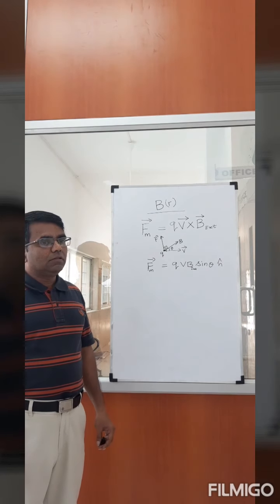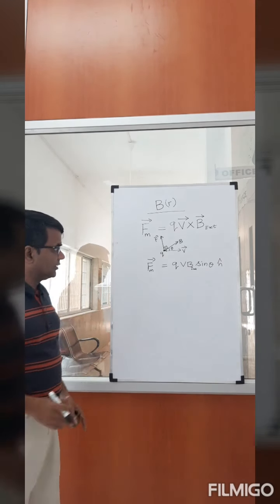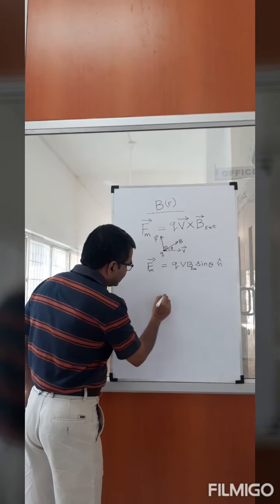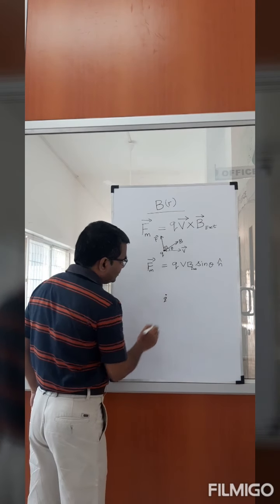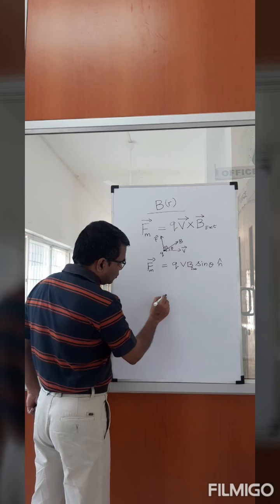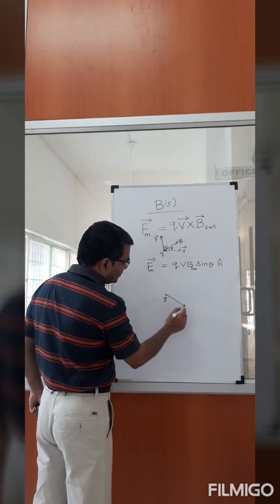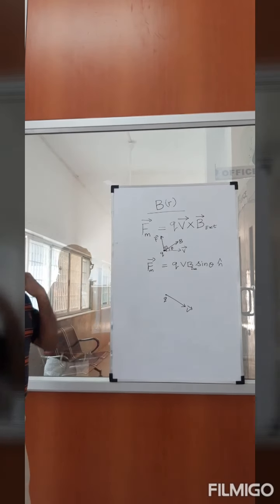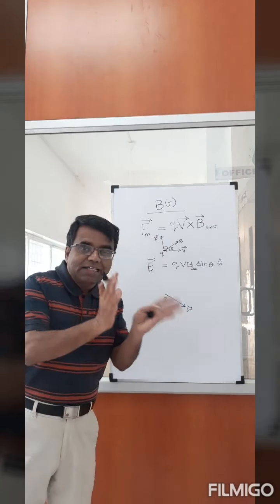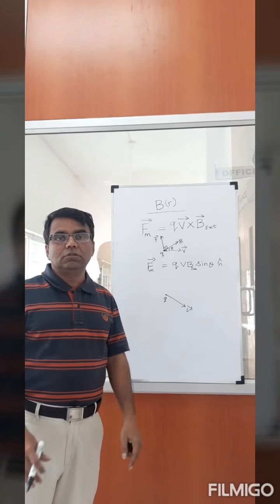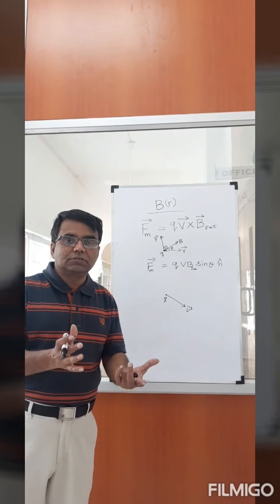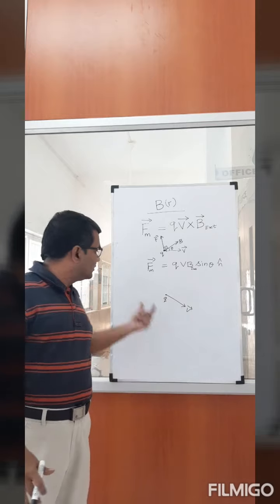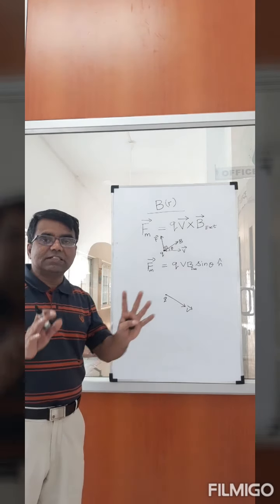Suppose I have a moving charge, with this charge Q, and let's say this is moving in this direction. Suppose I bring both a magnet and also another charge which will produce an electric field near this, and let's see what will happen.